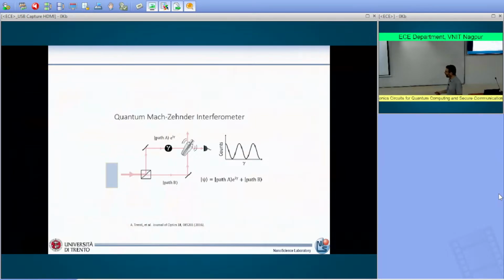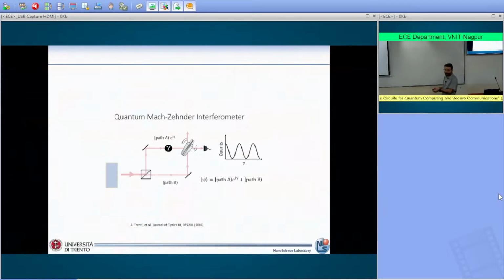And so if we have a single photon, now we do consider the fact that the photon at this beam splitter here is transmitted by this beam splitter in a superposition of states. In a superposition of the state of one photon that is traveling this path here, and the same photon that is traveling in this second path here.